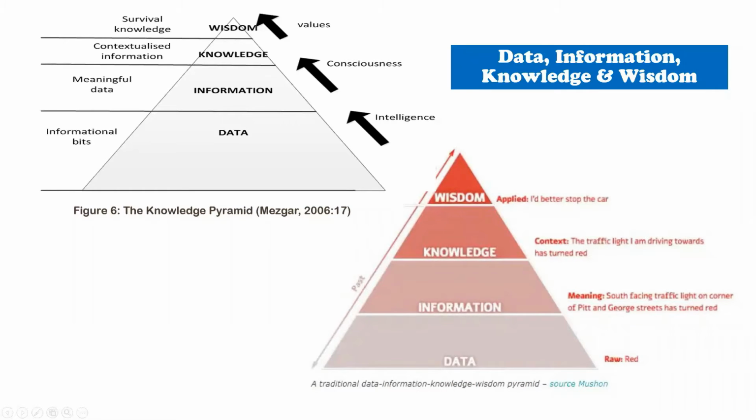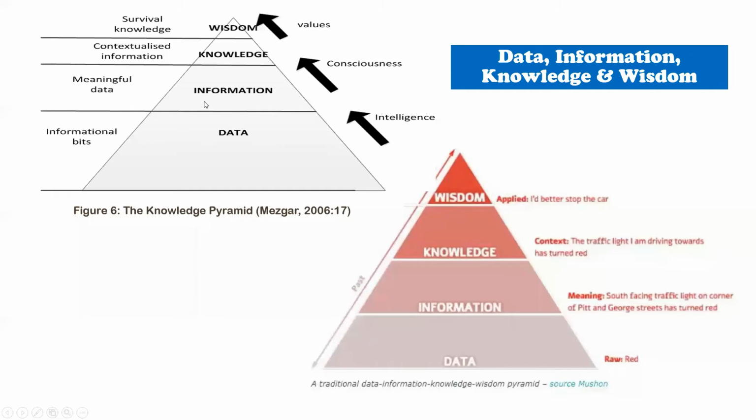Okay, so now coming back to the first learning objective: how do we differentiate between data, information, and knowledge? At the bottom here, like I mentioned, data is about informational bits. For example, the data about myself is gender, female. Raw data, red, for example, that's data.